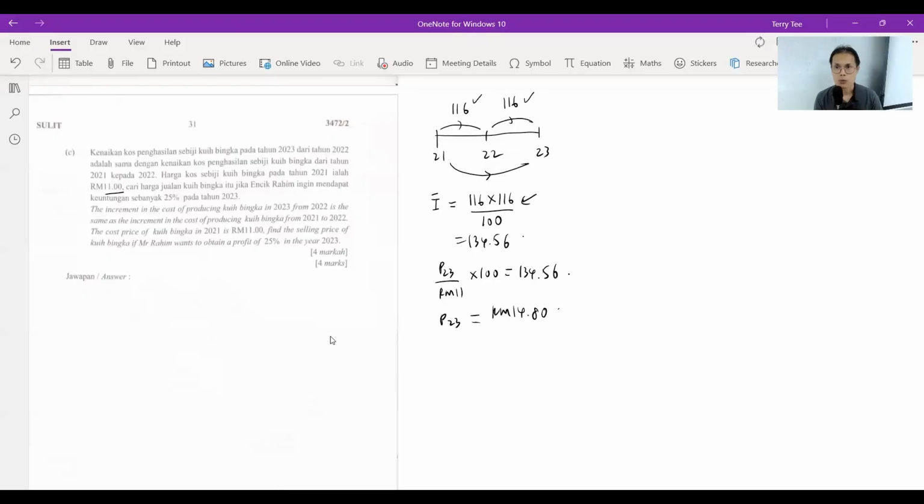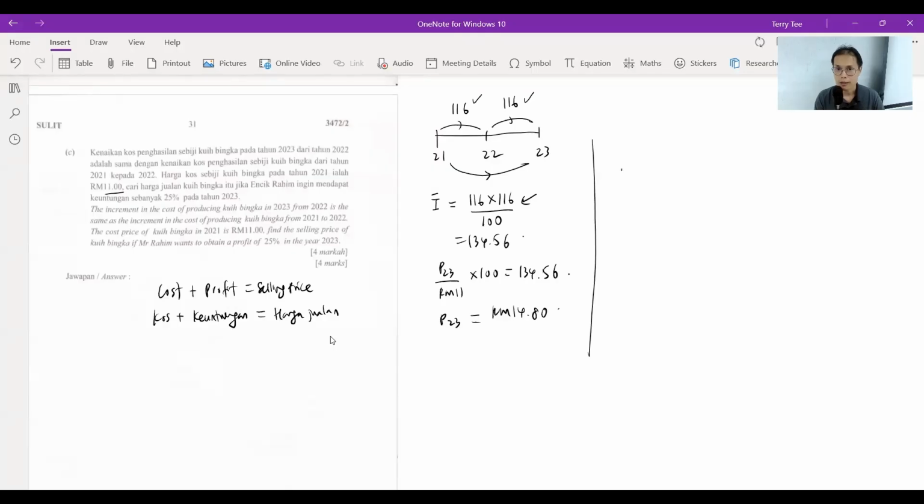Now, next, we want to find the selling price. Remember, cost plus profit equals selling price. Or in Bahasa, kos tambah keuntungan equals harga jualan, right? So to find out the harga jualan or your selling price, we know he has to mark up by 25%.